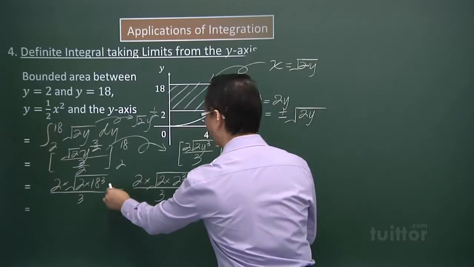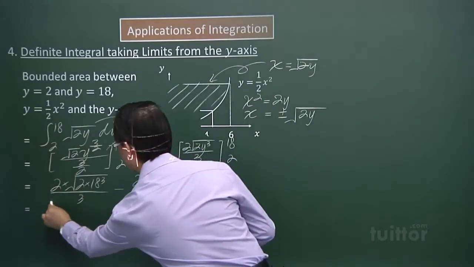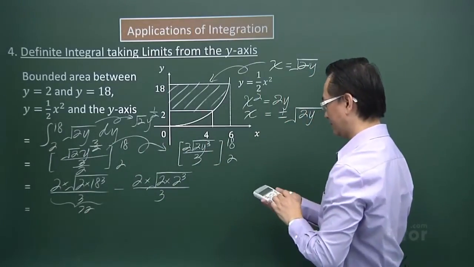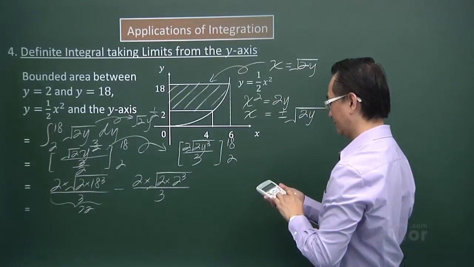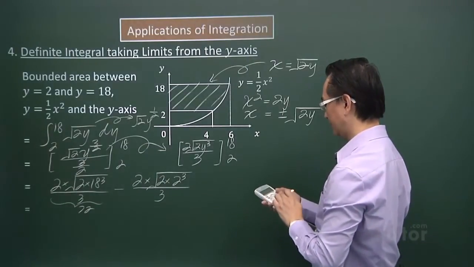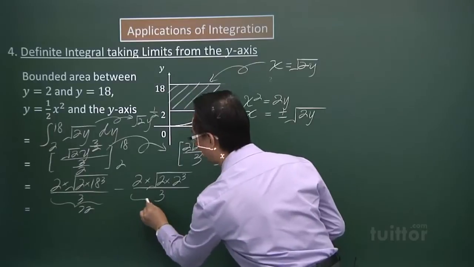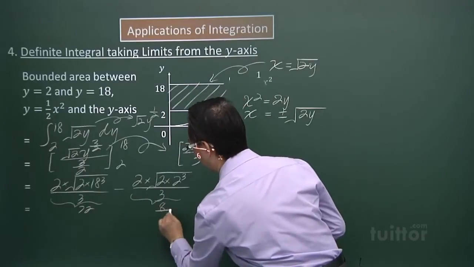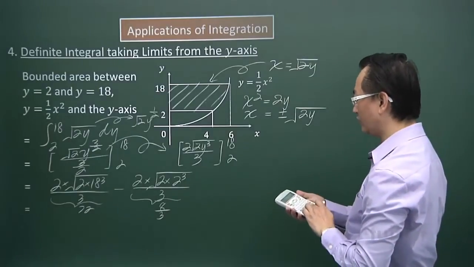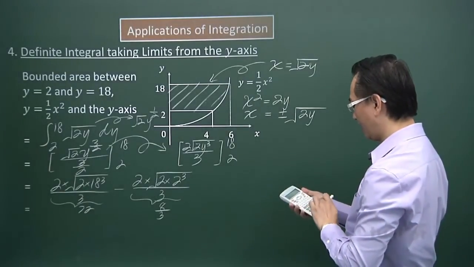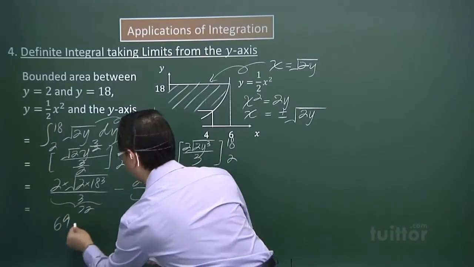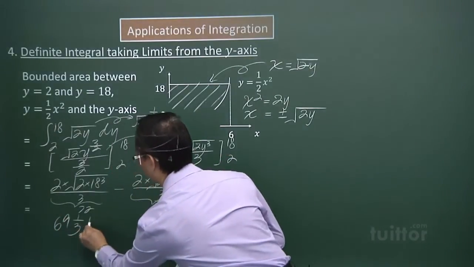So that would be 72. This will be 8 on 3. So 72 minus 8 on 3 will give me 69 and 1/3.